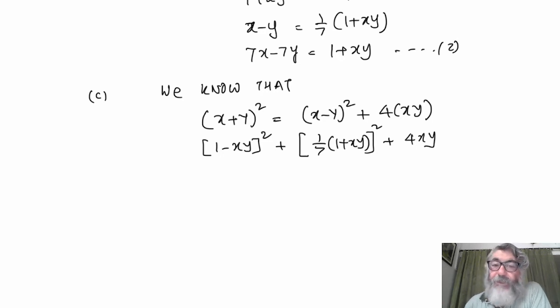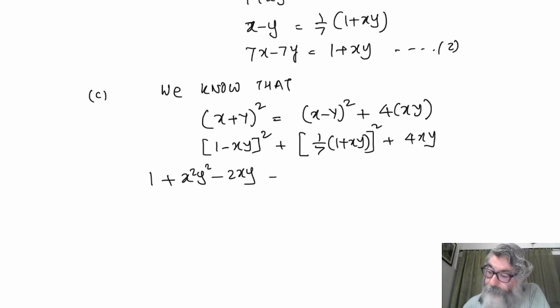When you square the terms, a minus b whole square is a square plus b square minus 2ab, so minus 2xy. Sorry, why have I written plus?